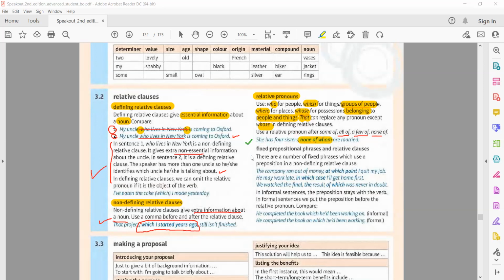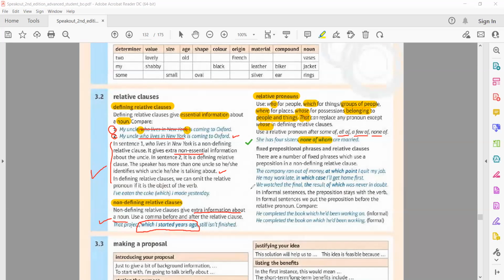Okay, so now let's have a look at this next one. Fixed prepositions, prepositional phrases, and relative clauses. They're telling us there are a number of fixed phrases in which we use a preposition in a non-defining relative clause.